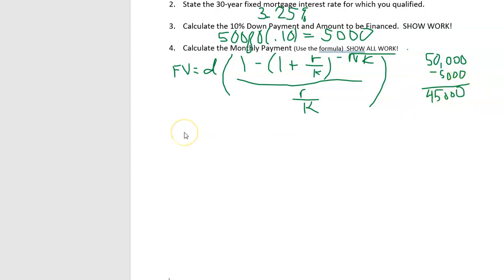Let's finance. I just changed that to present value because that's what it should be and not future value. So $45,000 goes on the left side. What we don't know is what our payments are going to be, this variable, and we'll solve for that. Our interest rate is 0.0325.